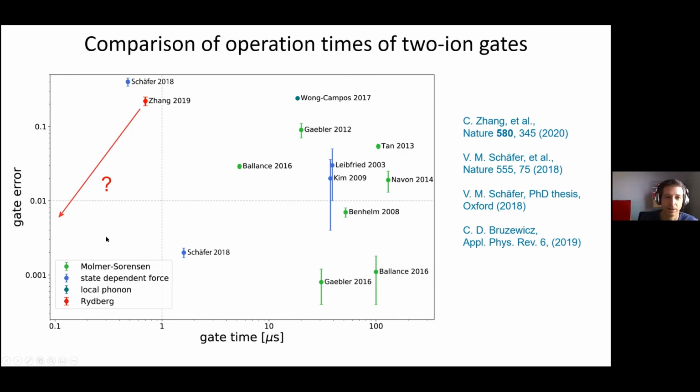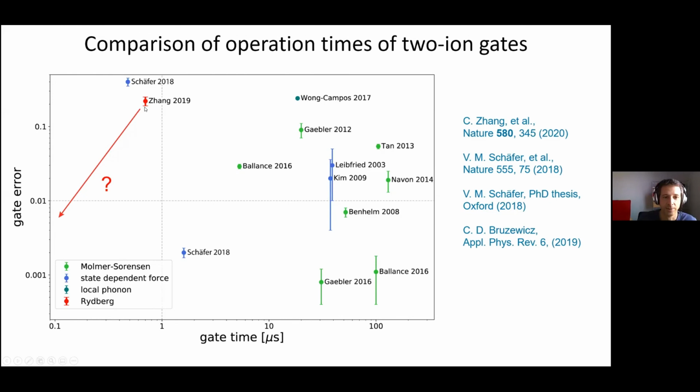So we are not the fastest. The Oxford group is still a little bit faster than us. But I think our gate is not limited at that point, while the motional gate gets quite more complicated if you want to make it faster than the oscillation period of your ion motion, and that's the regime where you would need to operate.